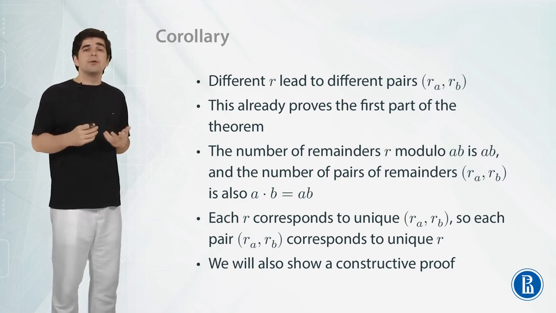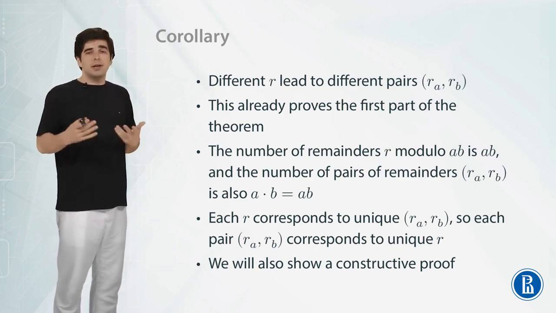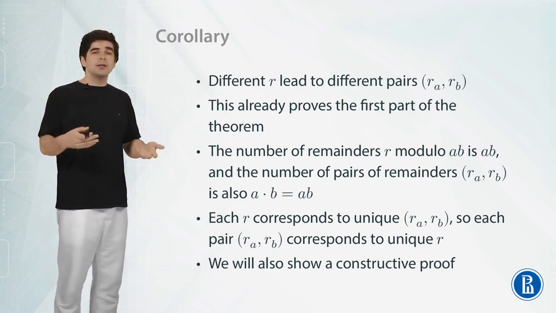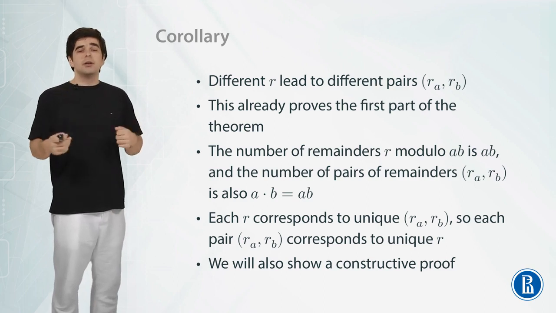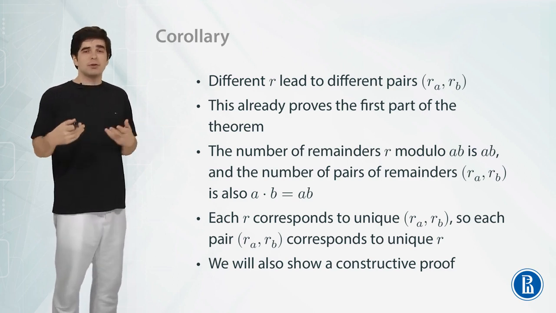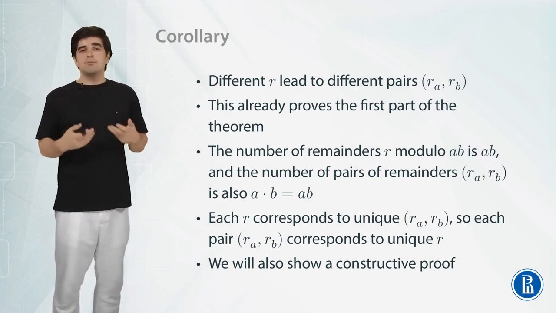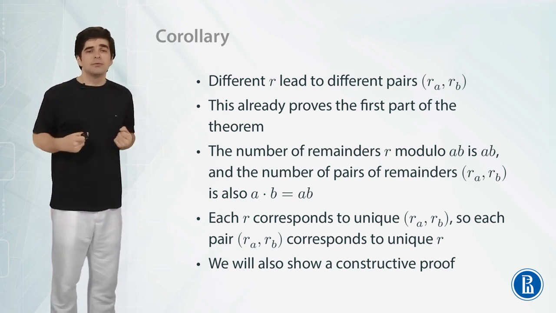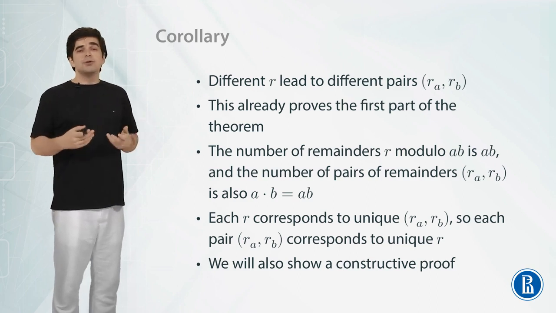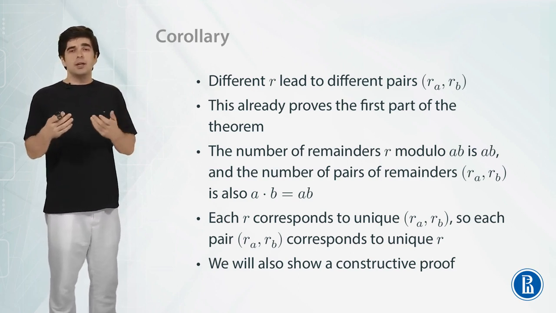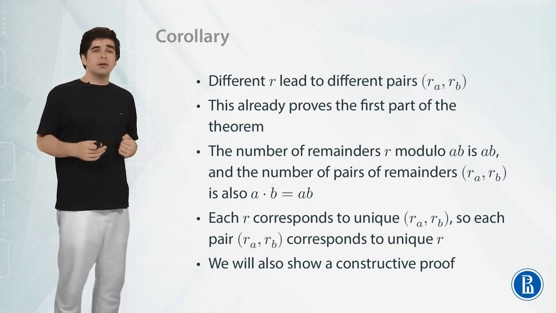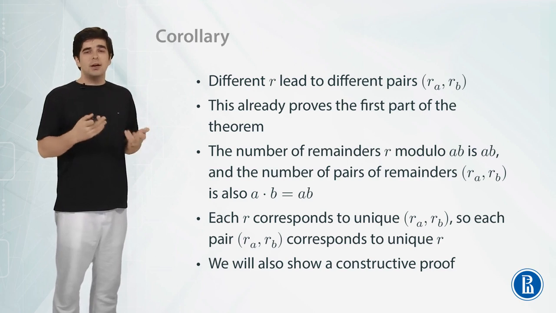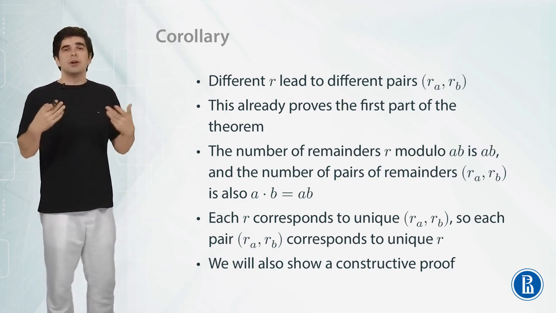Indeed, the number of remainders R modulo ab is ab, all the numbers from 0 to ab minus 1, and the number of possible pairs of remainders Ra, Rb is also a times b, because there are a possible remainders modulo a and b possible remainders modulo b, and all pairs of them are possible. So each R corresponds to a unique pair Ra, Rb. We just proved it because if two numbers have the same pair of remainders Ra, Rb, then their remainders modulo ab are the same.